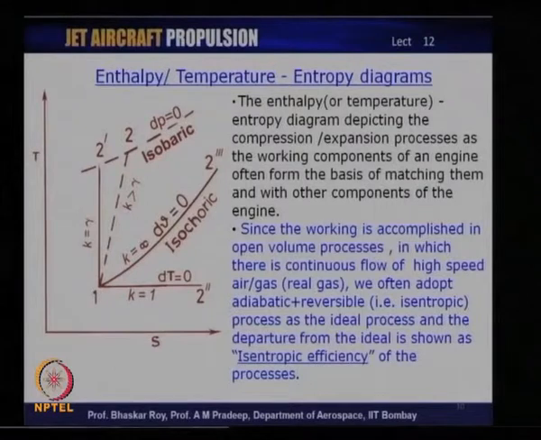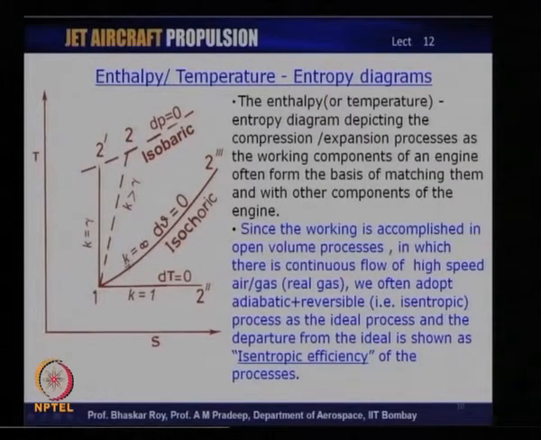Now, if we put the various compression processes we were talking about earlier, we can see here that the isentropic process where k is equal to gamma goes straight up from 1 to 2 prime, and then we have the polytropic process where k is greater than gamma, from 1 to 2, that is a real process.